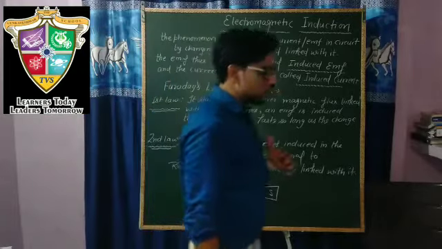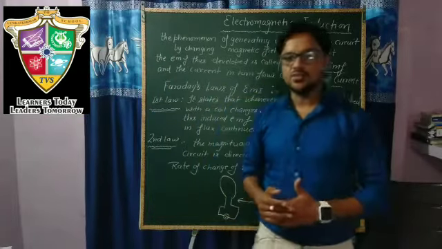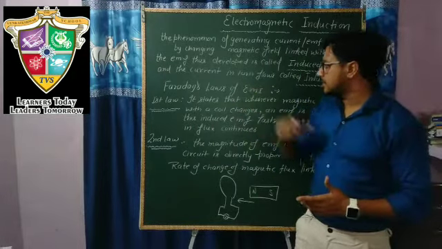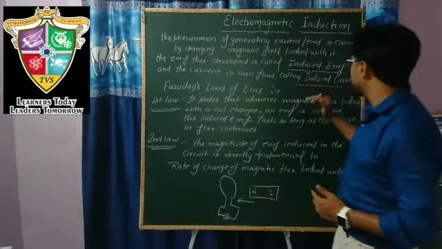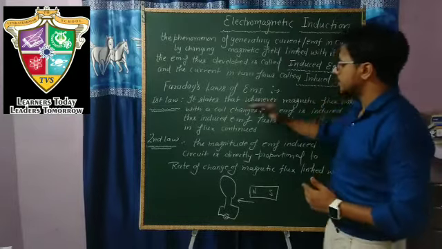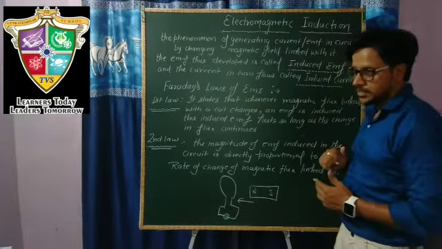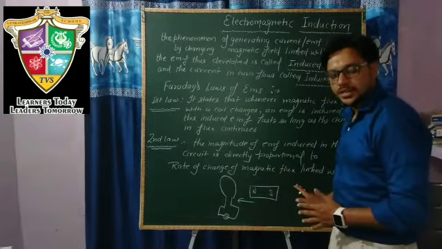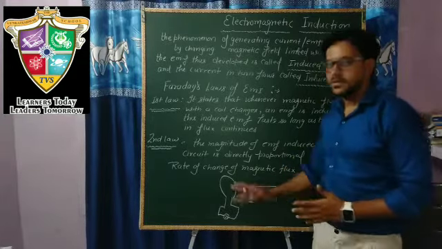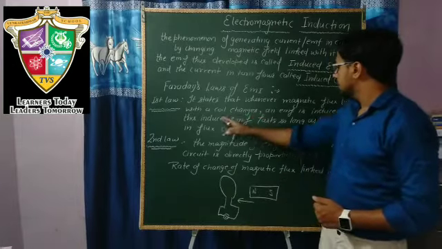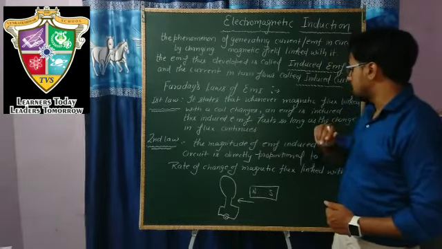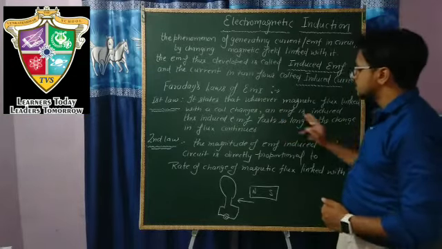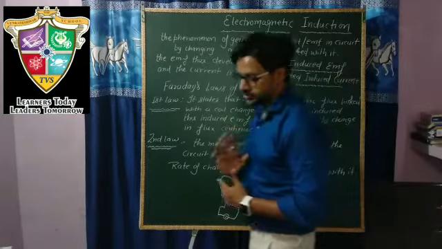Faraday proposed two laws basically in case of electromagnetic induction. The first law states that whenever magnetic flux linked with a coil changes, EMF is induced, and this induced EMF lasts so long as the change in magnetic flux continues.